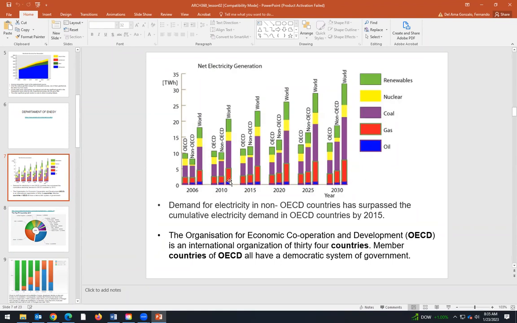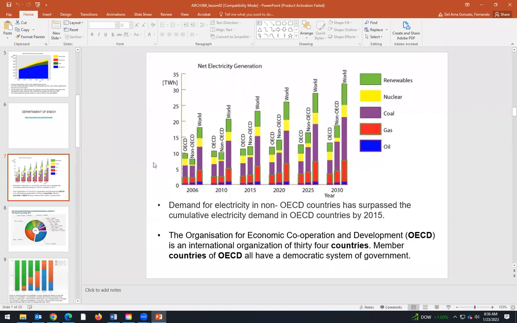Gas is growing. Oil, I think, is decreasing, the oil consumption to generate electricity, but the coal is growing. Nuclear is almost steady, and renewable energies are growing, but at a very slow pace.